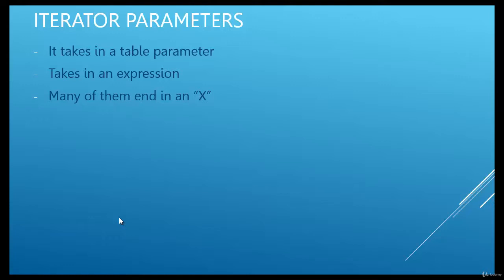So FILTER is also an iterator, but this does not end with X. In most scenarios, you will find that iterators do end with X, but not all. So this is not a parameter actually. It's kind of an identifying feature of an iterator, and this also does not hold true in all cases.